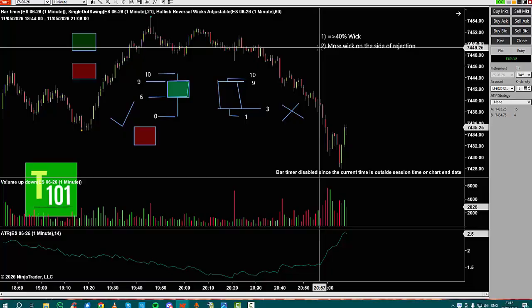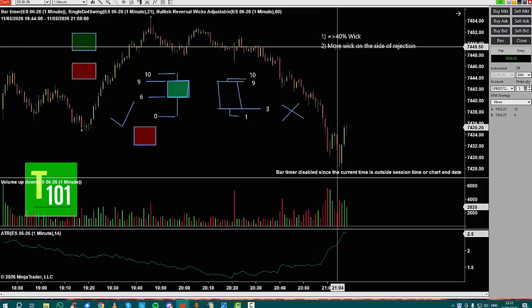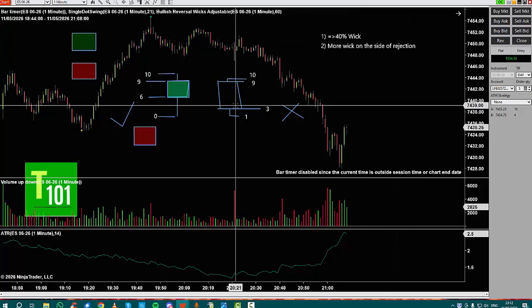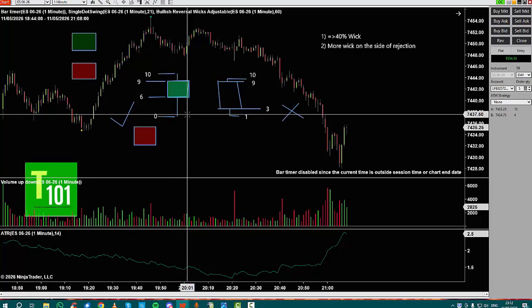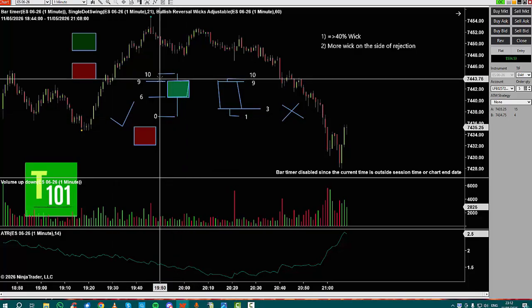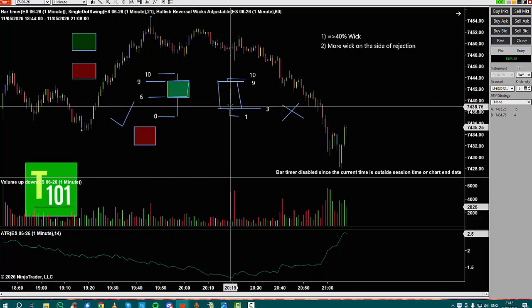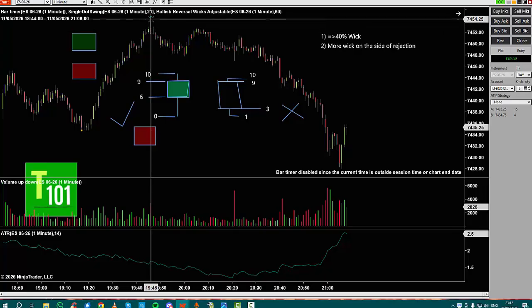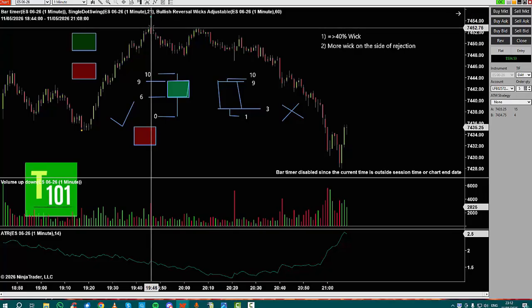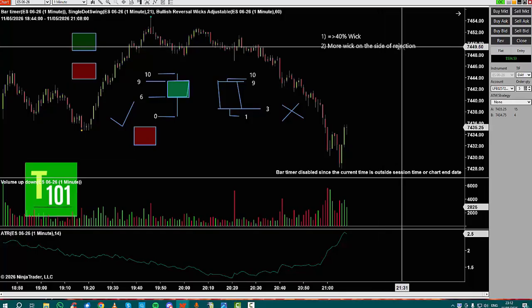And the second and last criterion, more wick on the side of rejection. Today I've drawn only bullish reversal candlesticks, but you can just invert all of what I'm sharing today, and that's valid for bearish reversal candlesticks. So I see one up here, for example. This fits our criteria: more wick on the side of rejection.